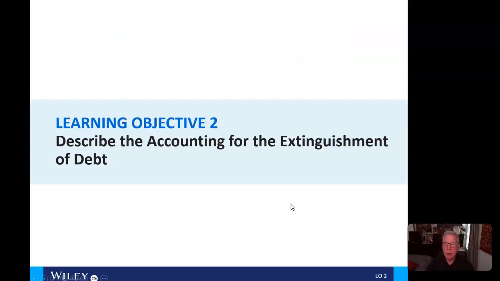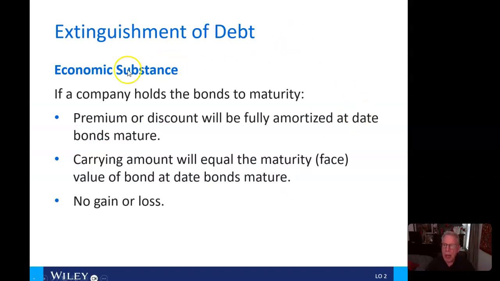Okay, now we'll take a look at describing accounting for the extinguishment of debt, paying off the debt. So, economic substance. If a company holds the bond to maturity, as I mentioned, both premiums or discounts will be fully amortized at the date the bonds mature.